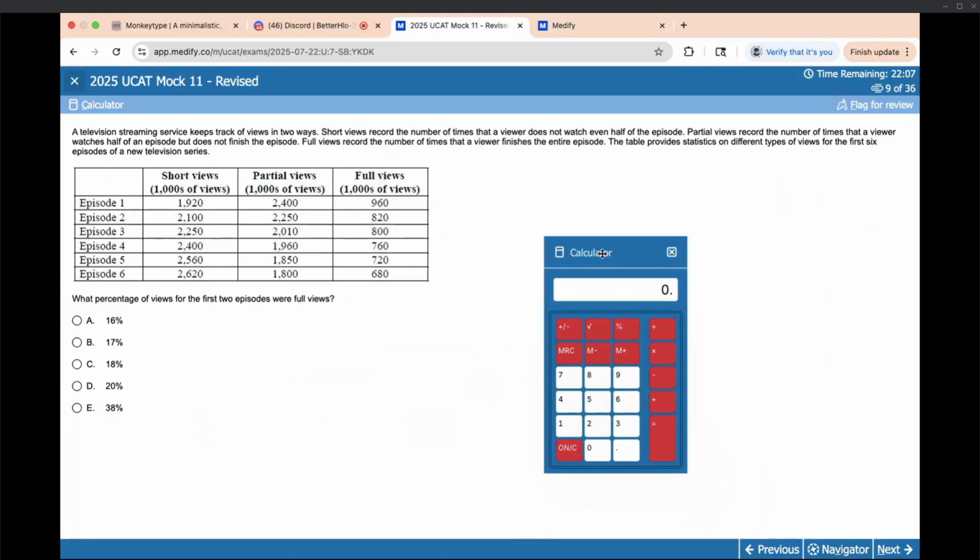So we have number of users with a potential 2 times viewers. Let's go for this. So 120 plus 2400 plus 9060 plus 200 plus 2250 plus 720. So it's 10450, and then you have 960 plus 820. So it's 1780. So you have 1780 over 10045. So it's 0.17.